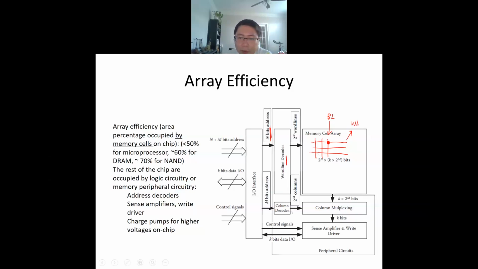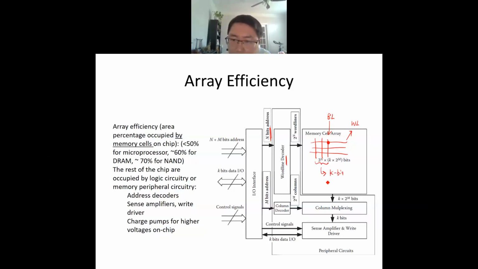Similarly, you will have the column decoding. If you have m bits in the column address, then you will go through the column decoder, and the column decoder will control the multiplexing, the mux, and then you will locate the column here. One thing I want to emphasize is that typically we can have multiple columns grouped together as k bits.